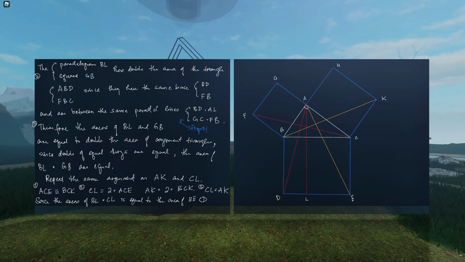Well, unfortunately, I'll have to go to the next page. BECD, and oh, I change colors when I change boards, of course. And BL is equal to ABFH. CL is equal to ACKH. We are done.